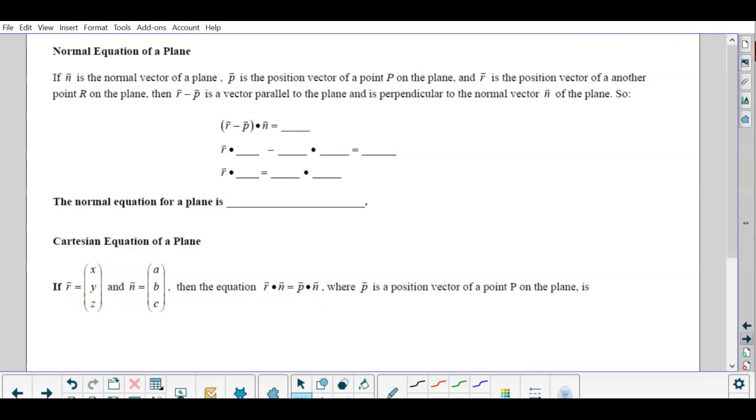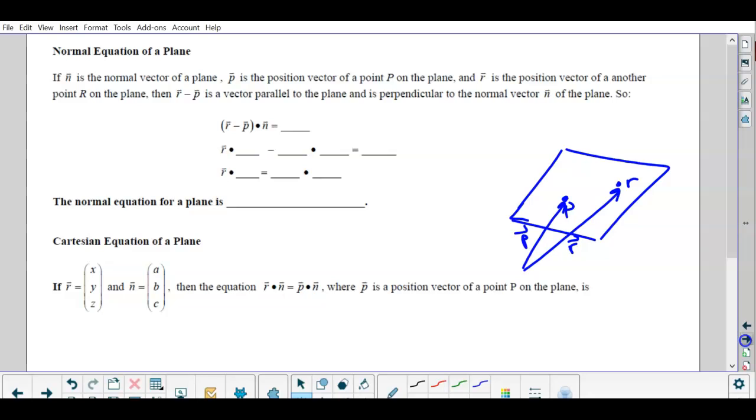So basically based on our information here, we call P a position vector. R is the position vector of another point on the plane. So if you think about a plane here, here's your point P, here's your point R, there's vector P, vector R, right?